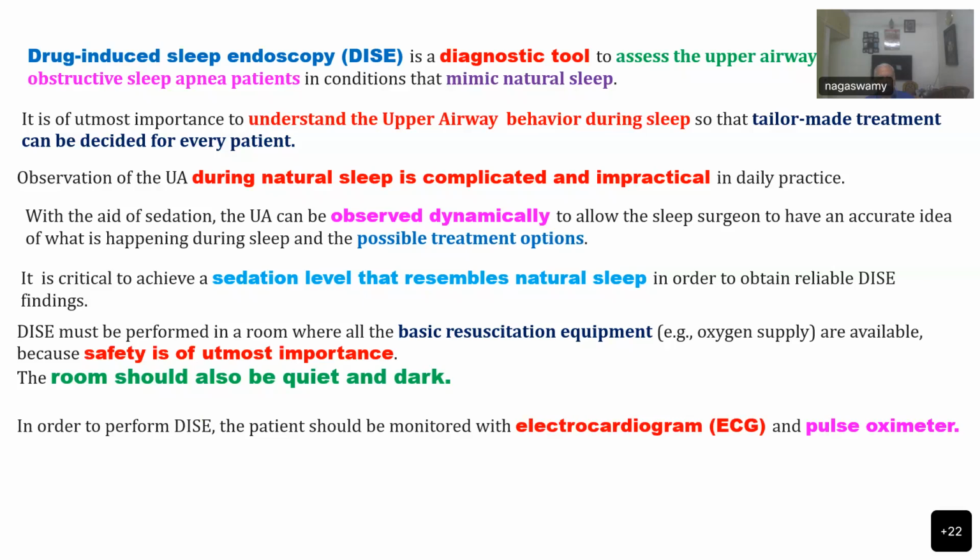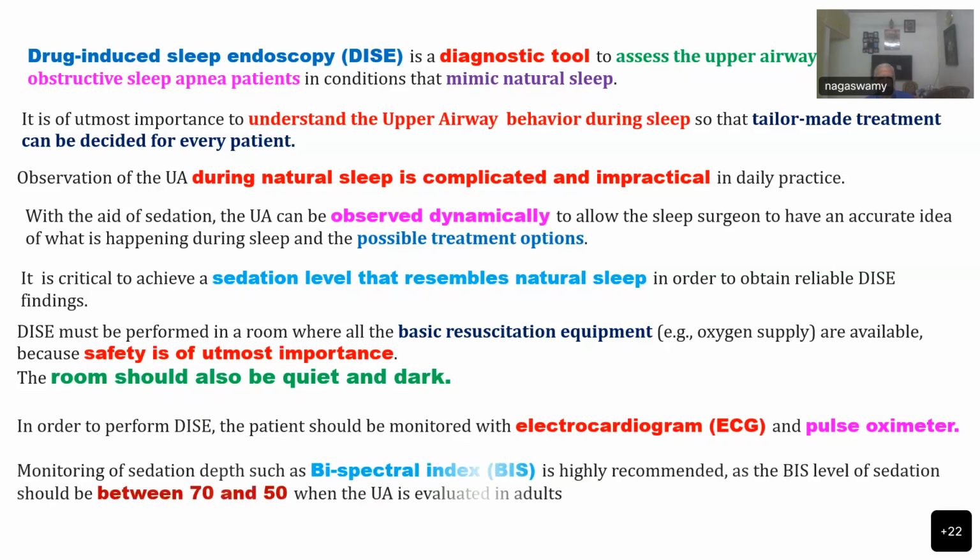We must have an ECG and a pulse oximeter, which are very, very important, and we should monitor the depth of sleep by bispectral index. So don't say that it may or may not be required. It is a must to assess the depth of sleep.